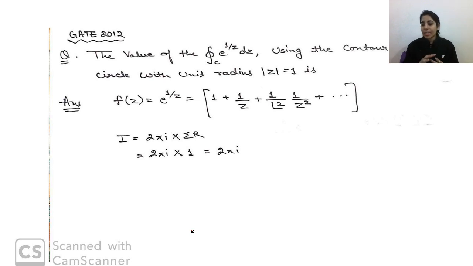Whenever you are confused about what to consider, an order 1 pole, an order 2 pole, or some other kind of pole, then this method is better and you can go for it, whether the pole is simple or order n. It is applicable for both situations. So go for this method and use it in this manner.